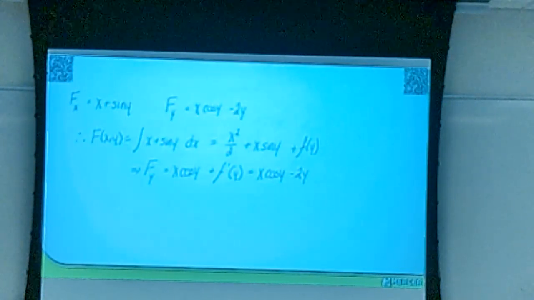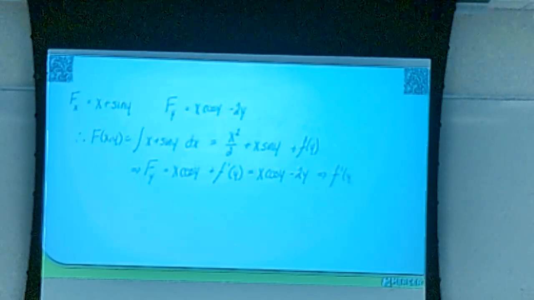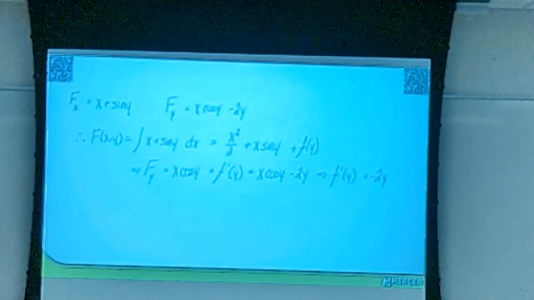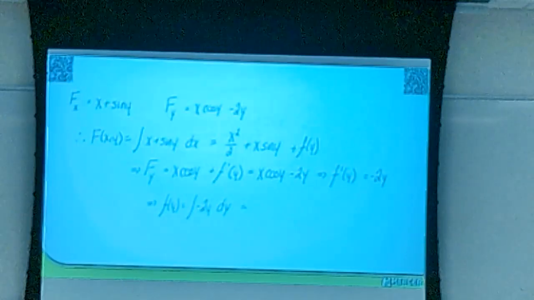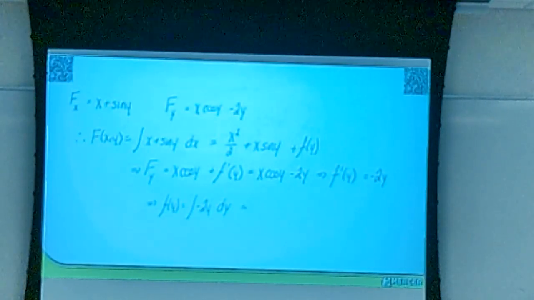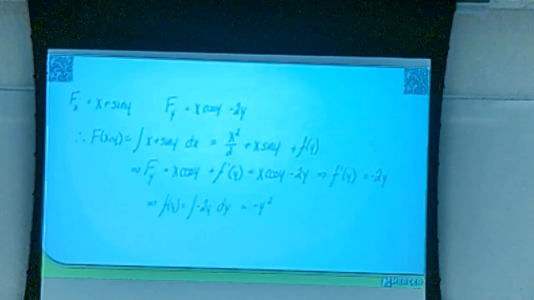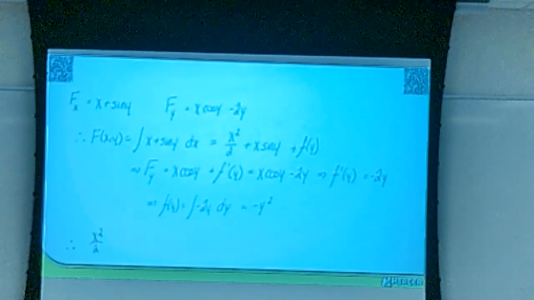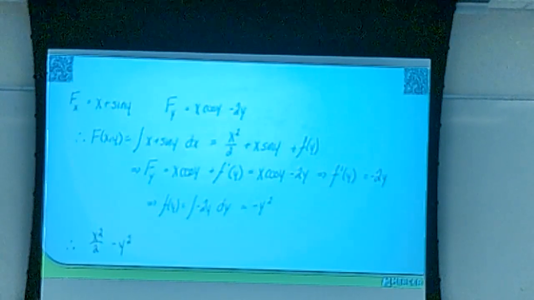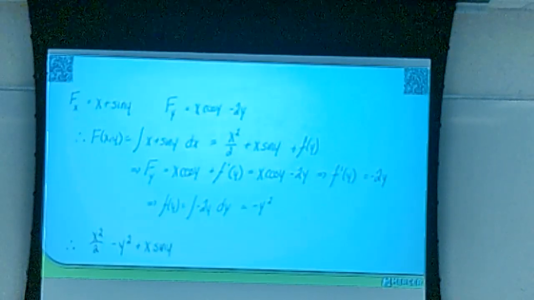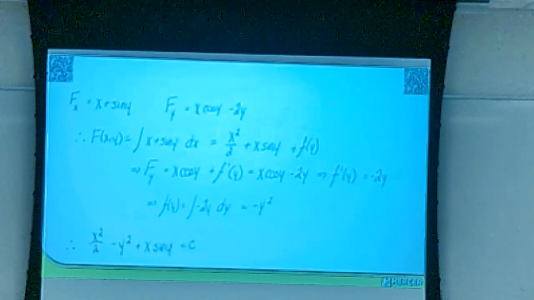That has to equal x cosine of y minus 2y. Which means that f prime is negative 2y. What's f? Negative y squared. That would be our solution.